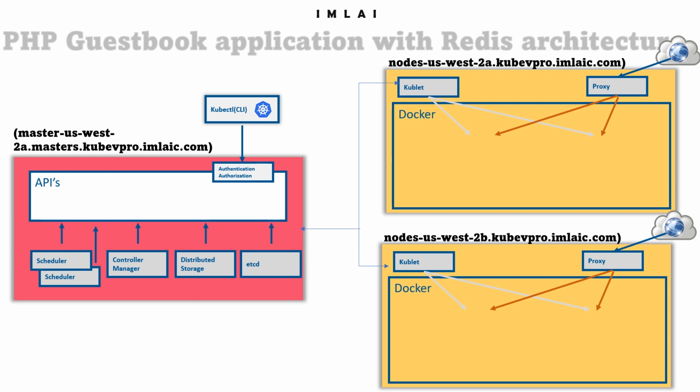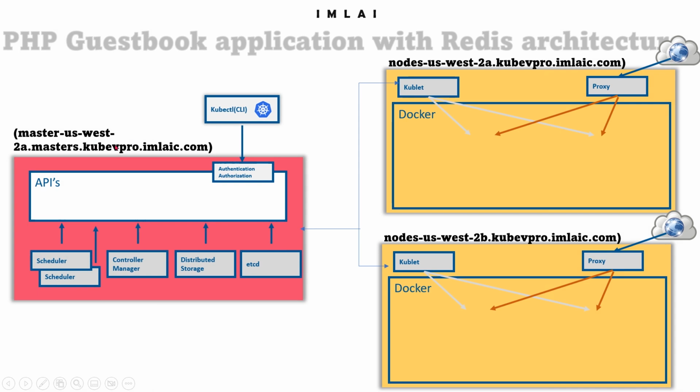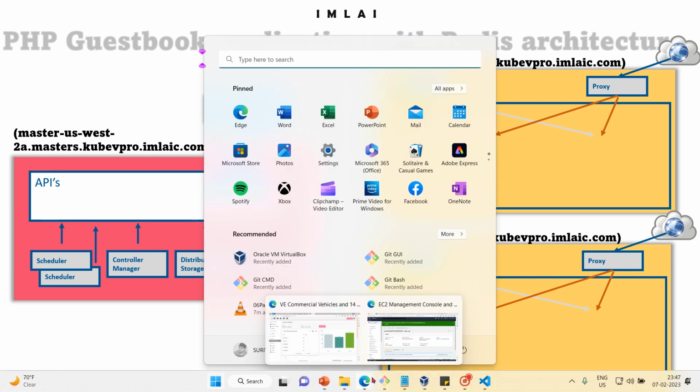Basically this cluster consists of a master node, that's here, and a working node, that's here, and another working node, that is here. So total three machines.